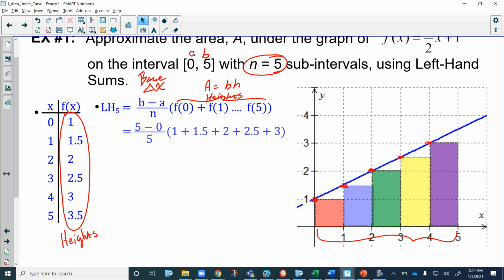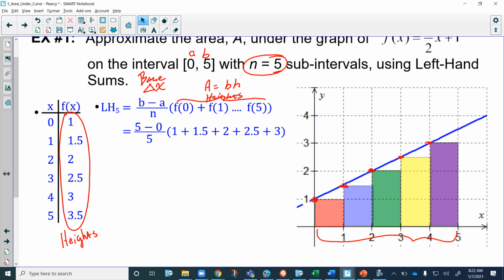So here, the upper bound minus the lower bound gives us 5 minus 0. The 5 in the denominator came from the problem itself, saying that we're using 5 subintervals. The number of intervals could be anything, but we're keeping it simple with 5.